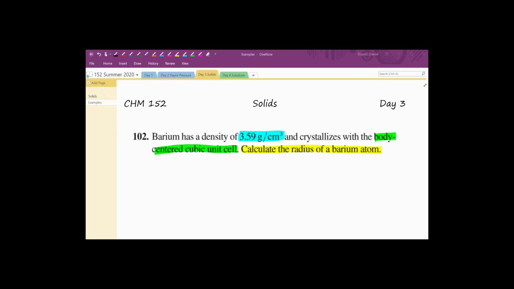Right. So how do we do? Let's see. 2 atoms, right? So we get 2 atoms of barium. 6.022 times 10 to the 23rd atoms is 1 mole.